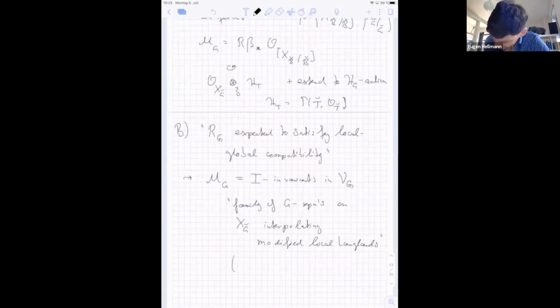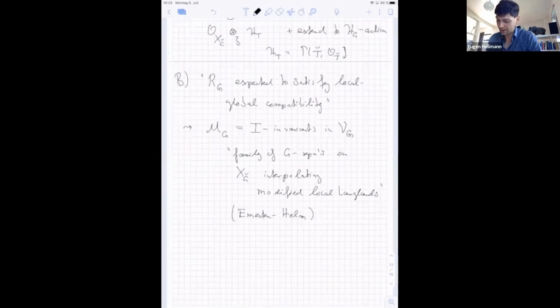And the existence of such a family and its relation to something called local global compatibility was suggested in work of Emerton and Helm.